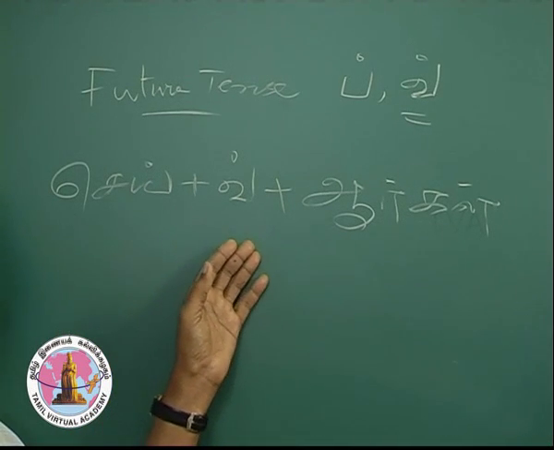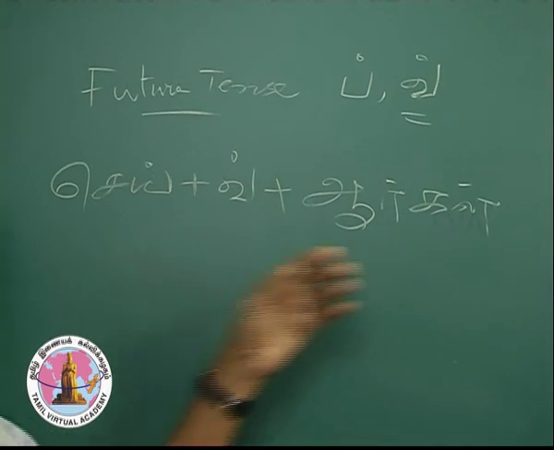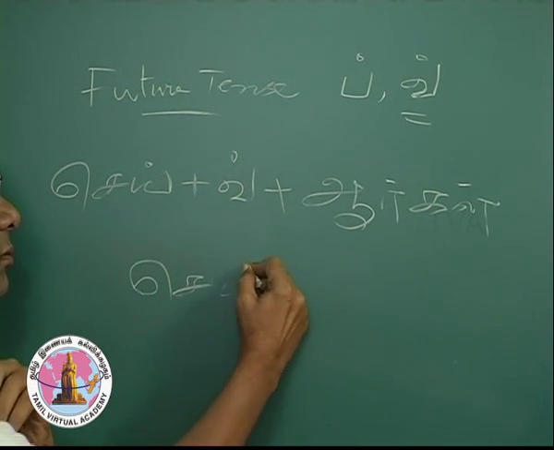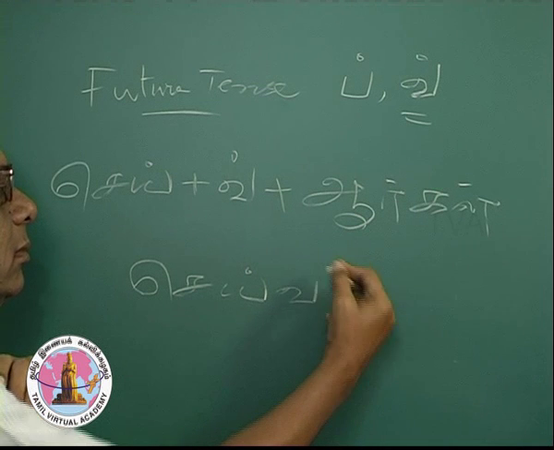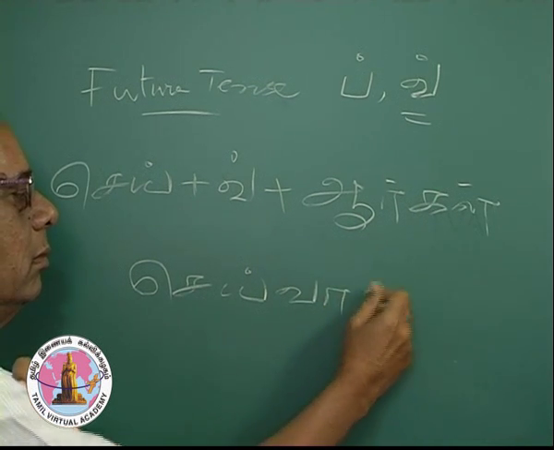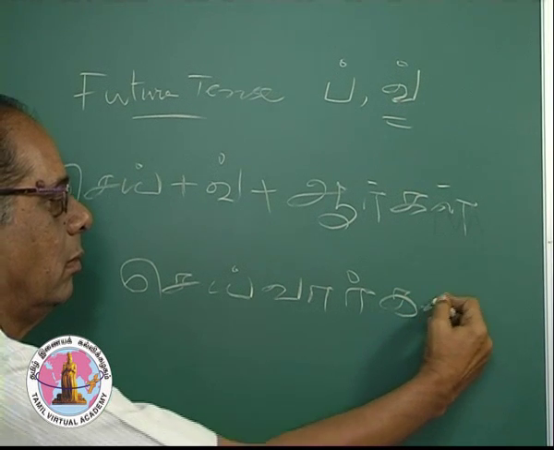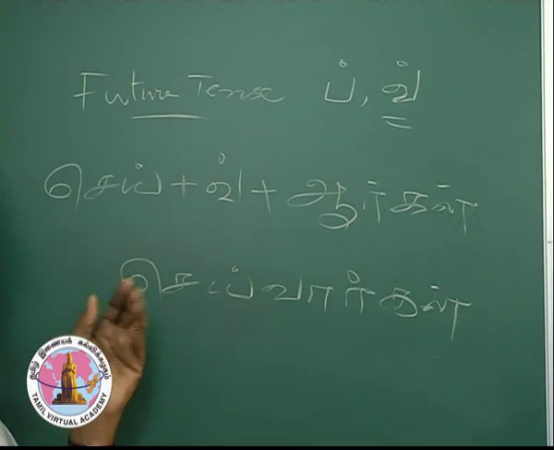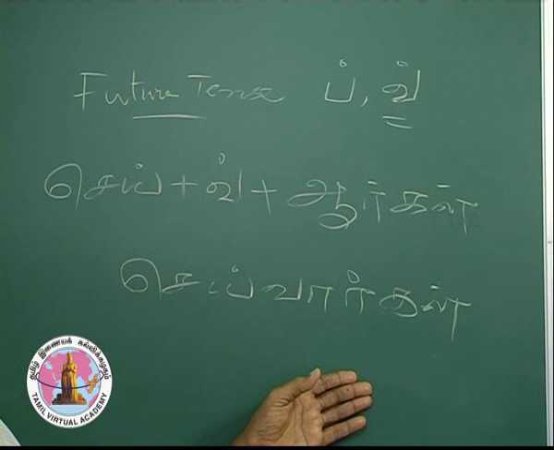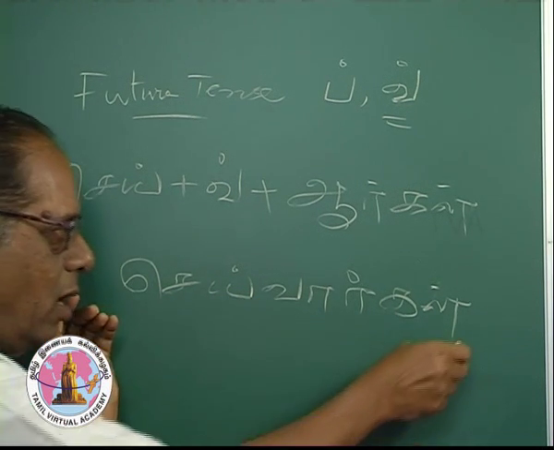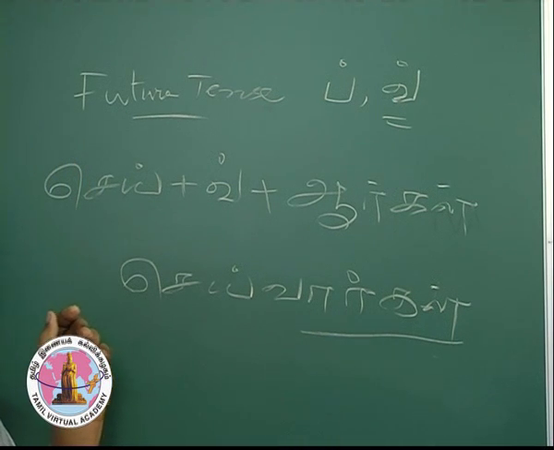Shei plus U plus Argal, Sheivargal. What will be the subject? Argal is the marker.